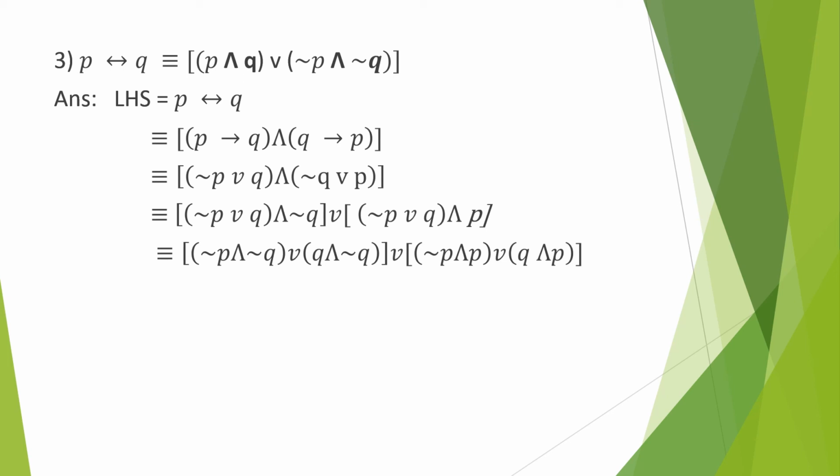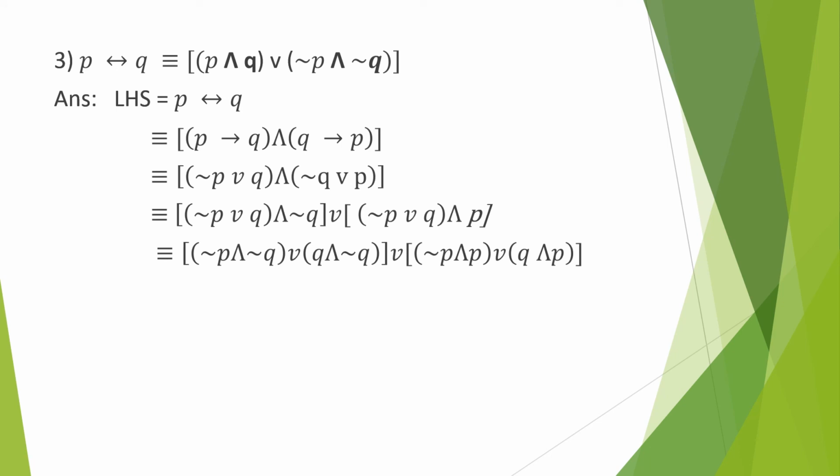Now P and negation P is a contradiction, because if P is true, negation P is false, and an and statement is false if one of the statements is false. So if P is true, negation P is false, and if P is false, again it is false, so P and negation P is false. So Q and negation Q and negation P and P are contradictions.